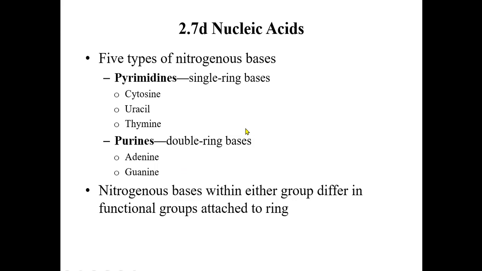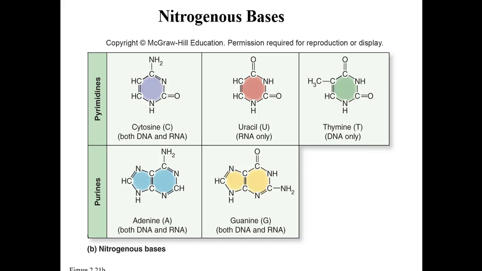So these are the 5 nitrogenous bases broken down into categories. The pyrimidines for C-U-T and purines, which are the A and the G. The shortcut I gave you a moment ago is of value for the test. Here's a picture version. So you can see pyrimidines all have a single ring.